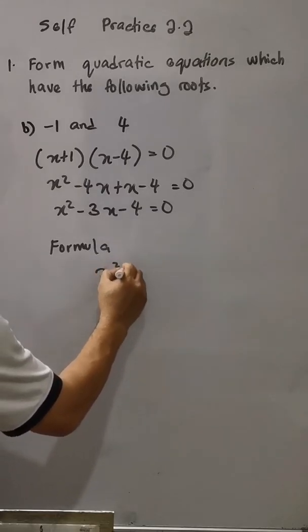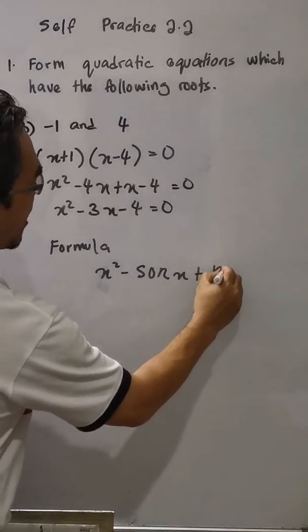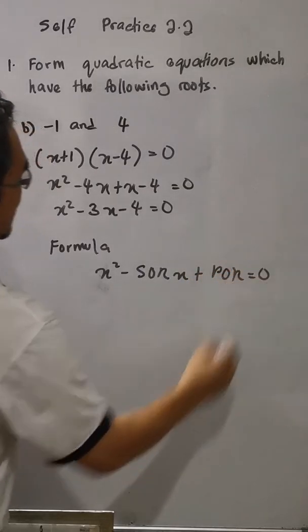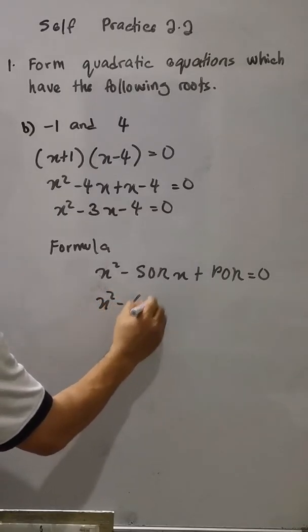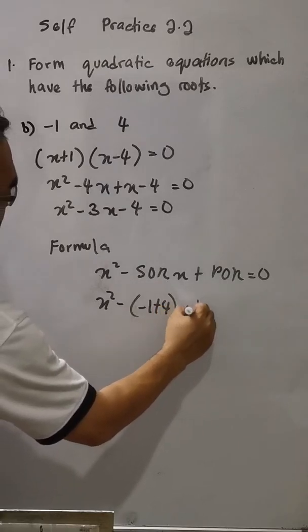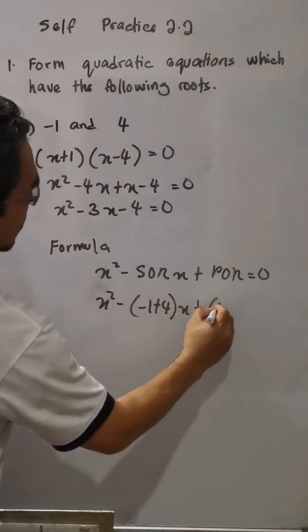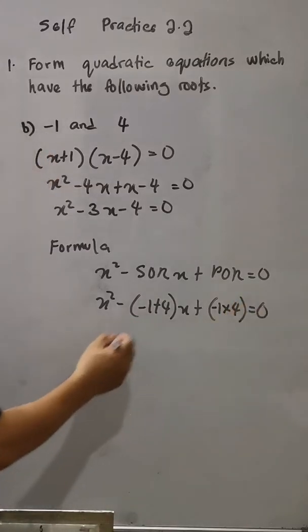Okay, so the other method, the formula. x squared minus sum of roots x plus product of roots equals 0. So x squared minus the sum, which is negative 1 plus 4, x, plus the product of roots, negative 1 times 4, equals 0. Simplify.